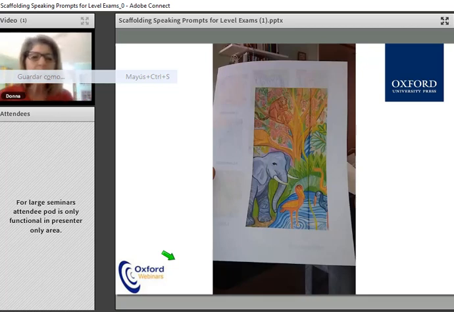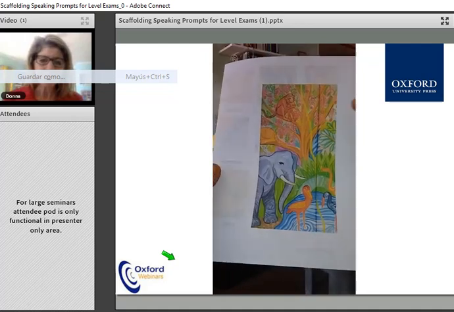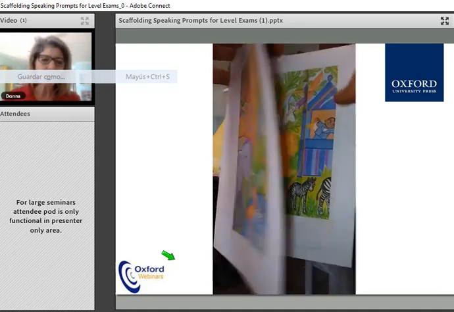All right, so in this way, they just talk about the images you see, not the whole picture. All right, again, we're going to go over it again in level 3.